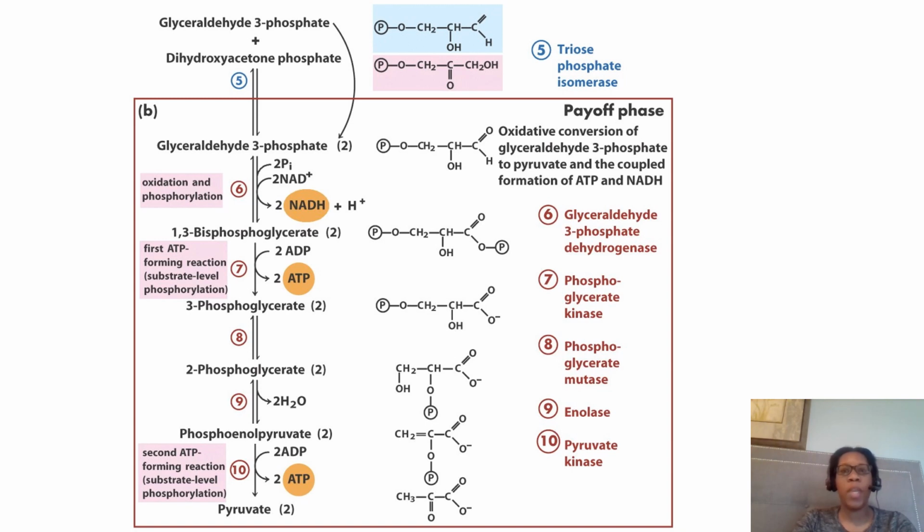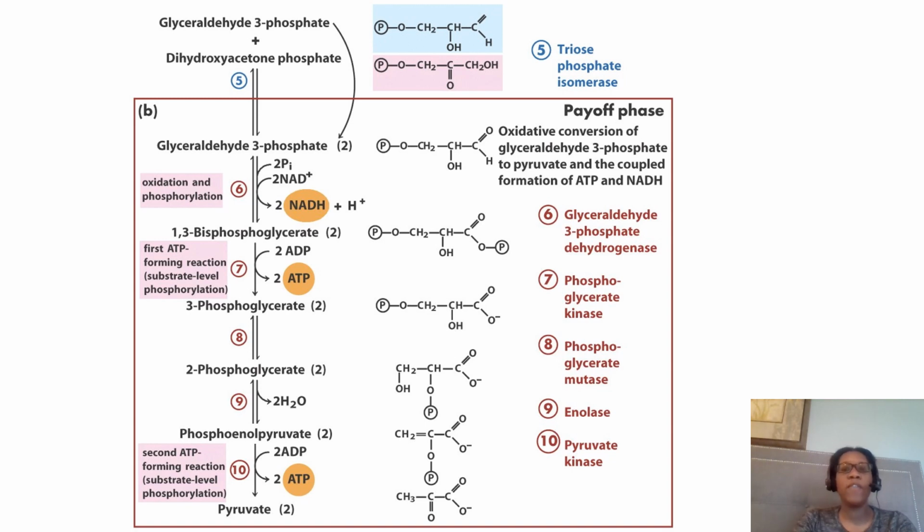Now we're at the payoff phase. The enzymes involved in the payoff phase are glyceraldehyde 3-phosphate dehydrogenase, phosphoglycerate kinase, phosphoglycerate mutase, enolase, and pyruvate kinase. So again, we're only memorizing 10 enzymes and then figuring out the reactions from those.